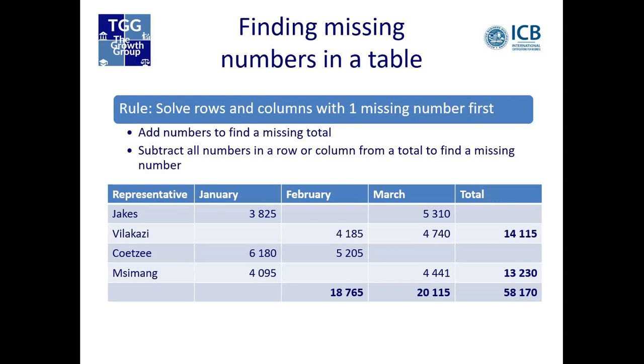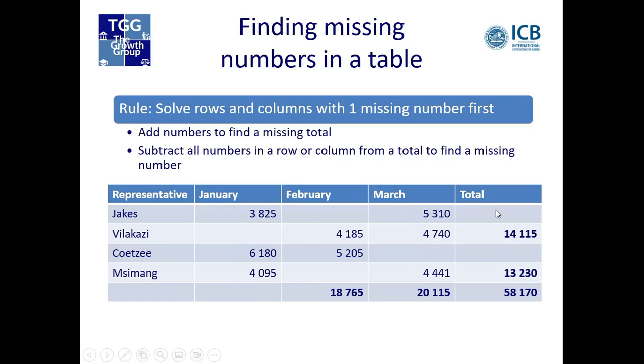If we start here and look at January, we cannot complete anything in the January column because there are 2 missing figures. The same here for February, but when we get to March, we can see that there is only 1 missing figure, so we would be able to calculate this figure for March.